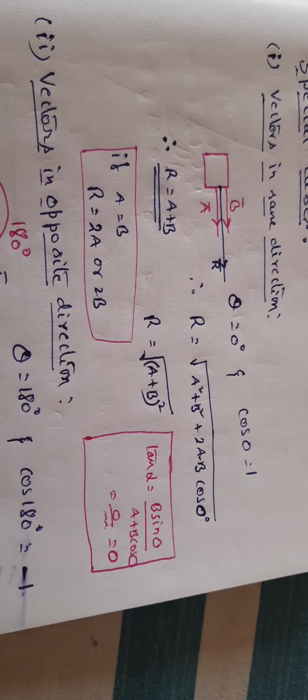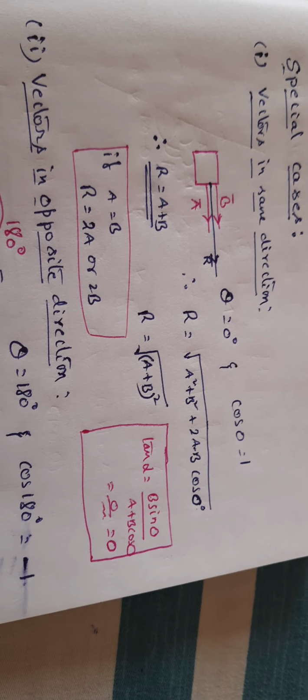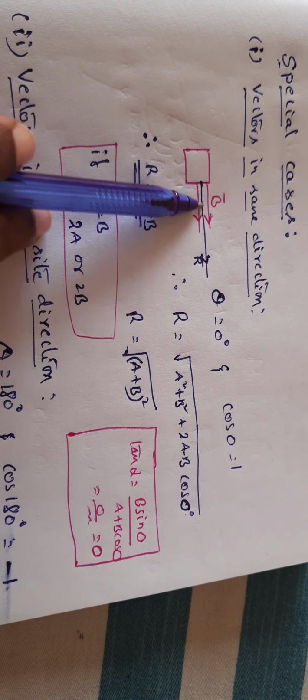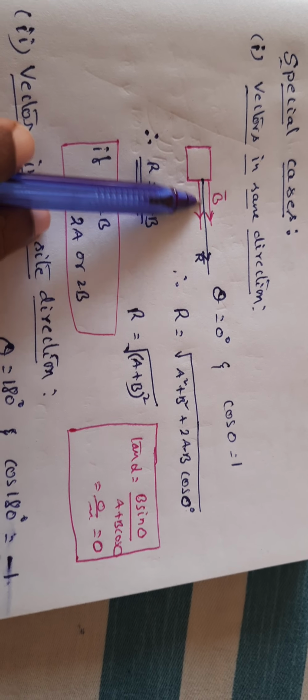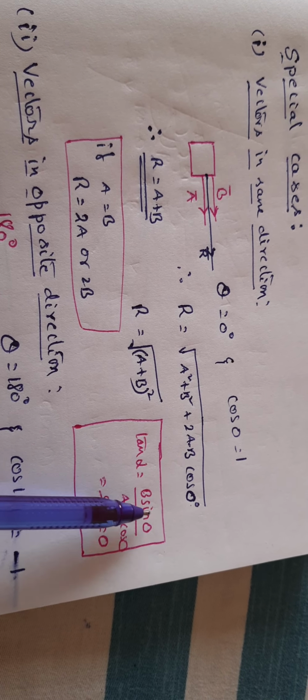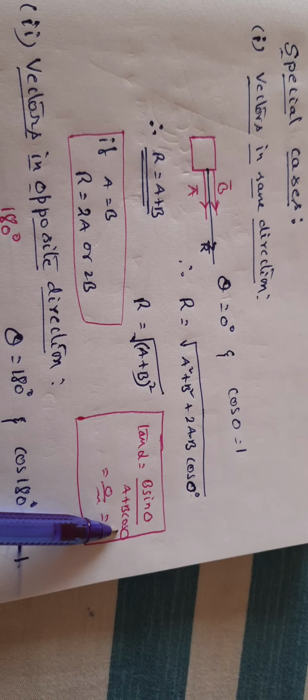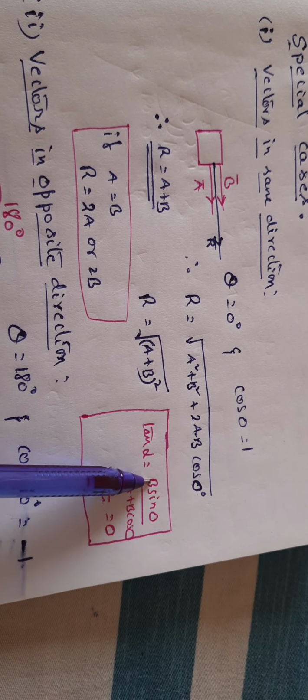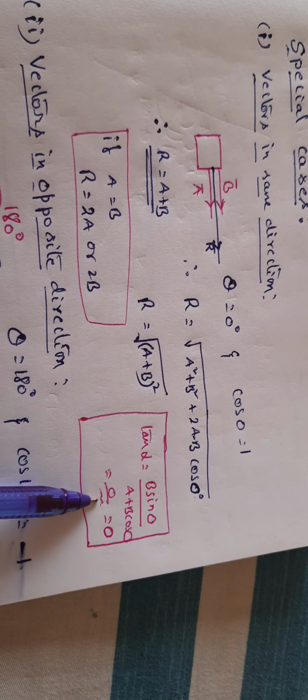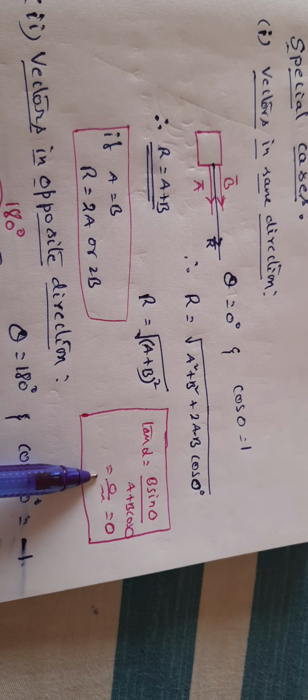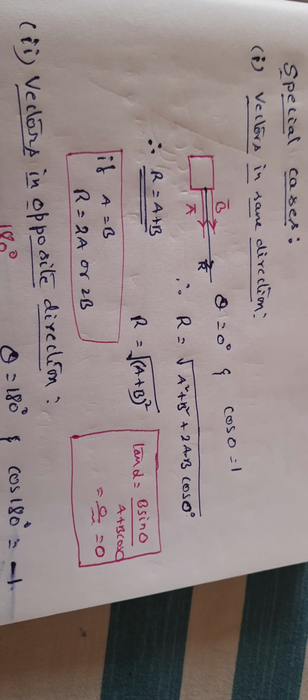And now the direction of the resultant with respect to the first vector, what is that? Angle is 0. So tan alpha is equal to B sin 0 by A plus B cos 0. If you go by formula, sin 0 is 0, 0 by something which is a non-zero value is equal to 0. Right.